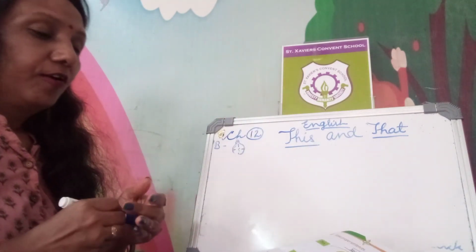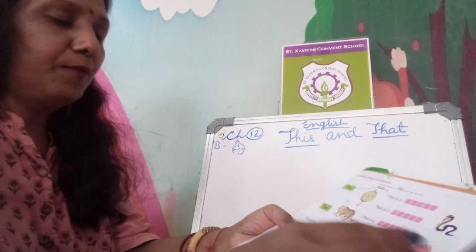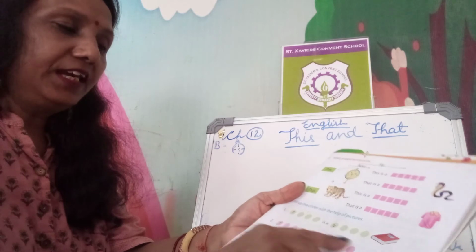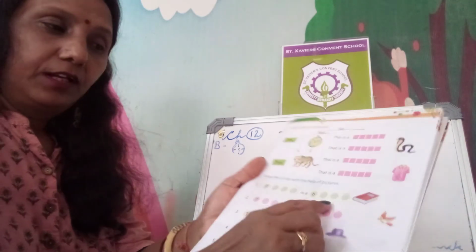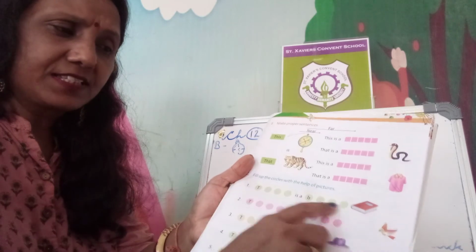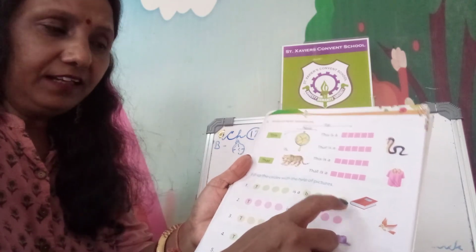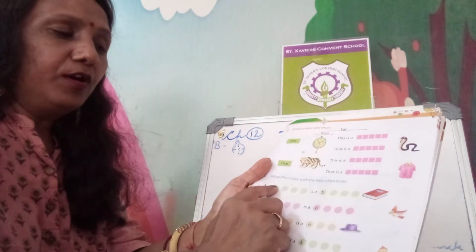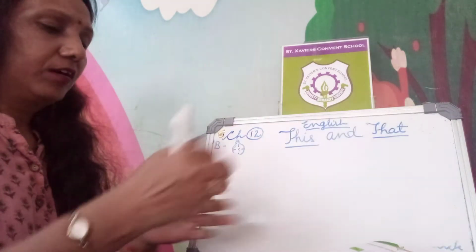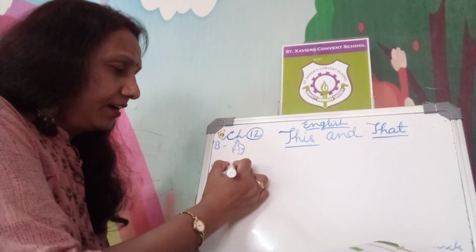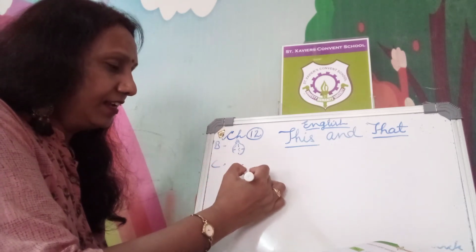Now, fill up the circles with the help of the pictures. Okay? Now just see here. This book is kept near. This is near and the bird is far. So it will be, this is a book. What will you fill here? Exercise C. T is there.